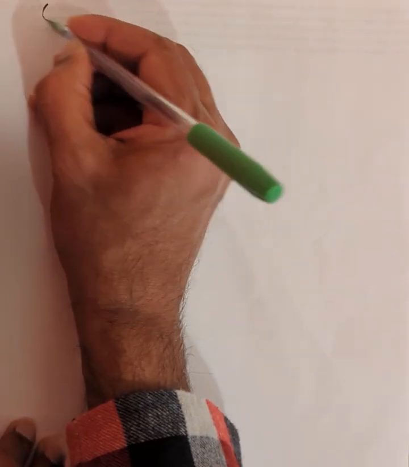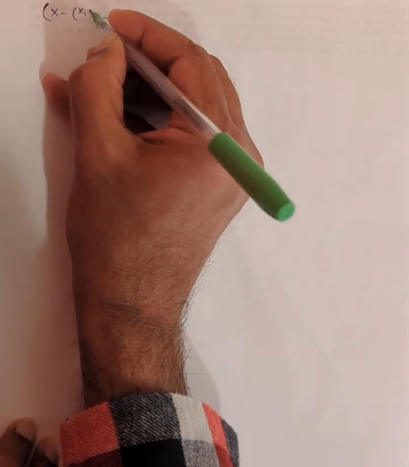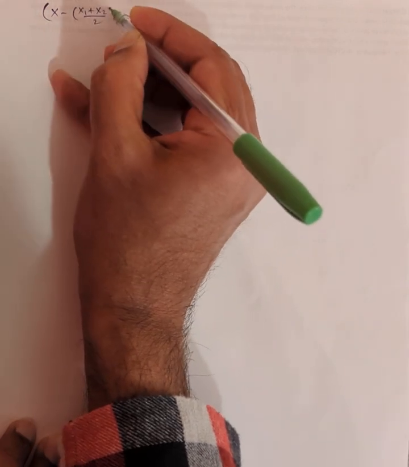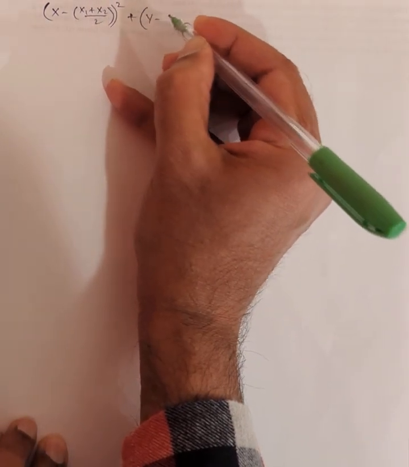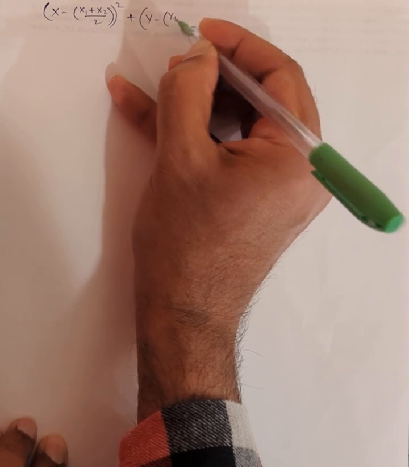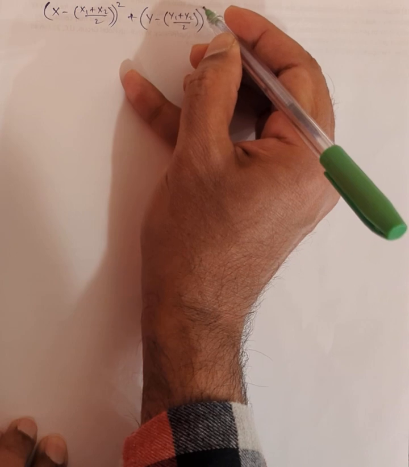Let's write it down. It's x minus h, which in our case is (x1 plus x2) divided by 2, quantity squared, plus y minus k, which in this case is (y1 plus y2) divided by 2, and then we are going to square that.